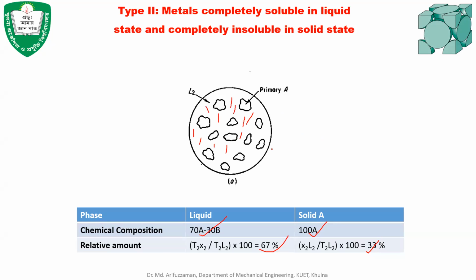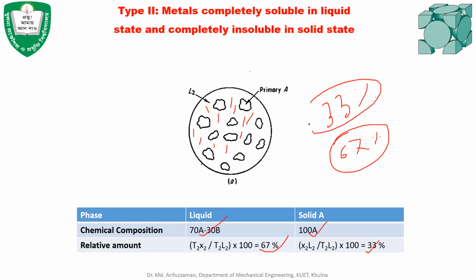Okay, so in this case the solid A is only 33%, and when we do slow cooling, solid A will be like 67%. A crystal that has 67% solid A and a crystal that has 33% solid A, are they going to show the same mechanical property?